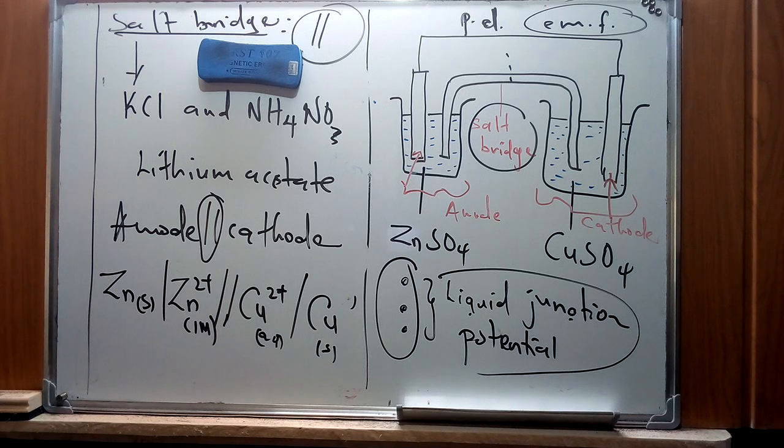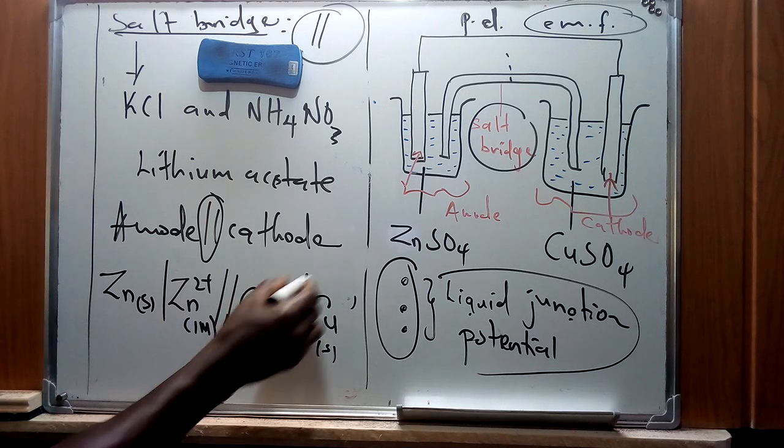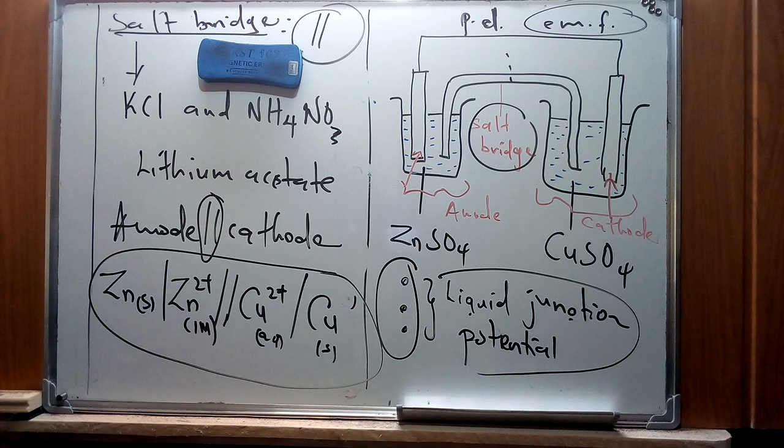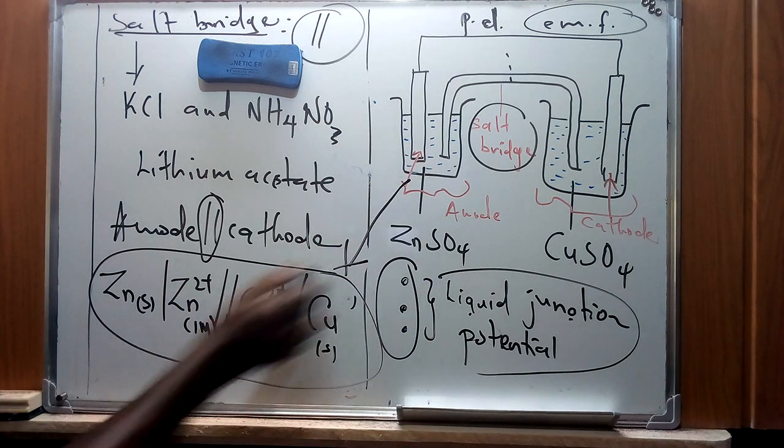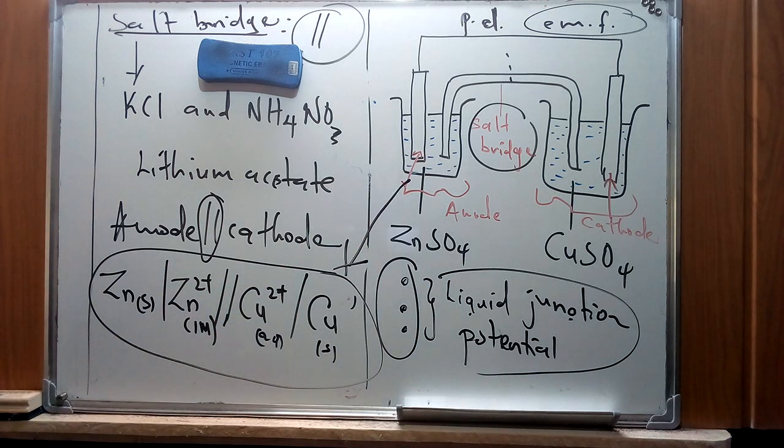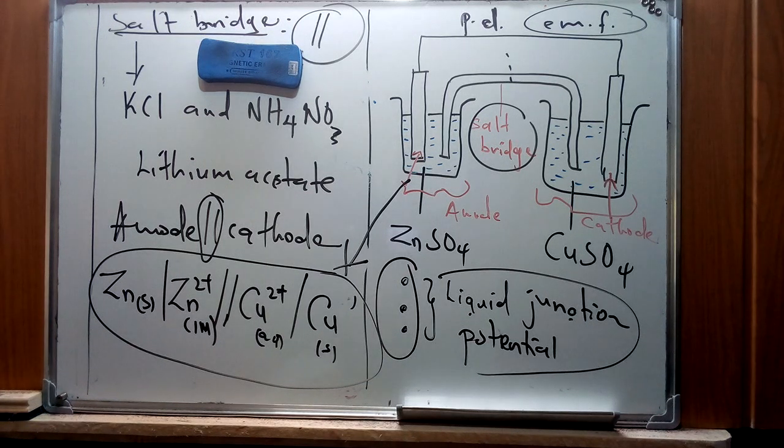So this is the short notation for the electrochemical cell, and it makes up a substitute for writing out the electrochemical cell in terms of the figures we have illustrated above.